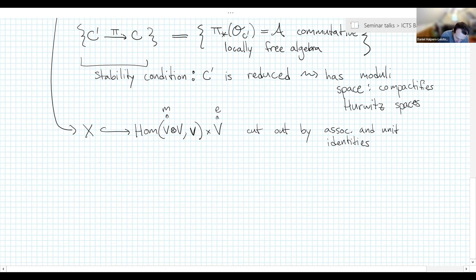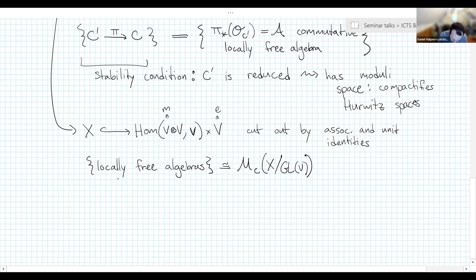Then the moduli of locally free algebras is just equivalent to the mapping stack from C to X mod GL of V, of rank, where V is the vector space, and it's not too hard to see this equivalence.